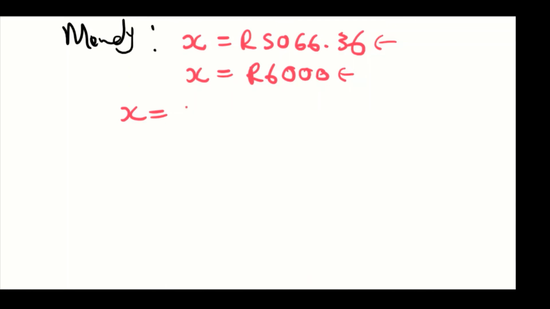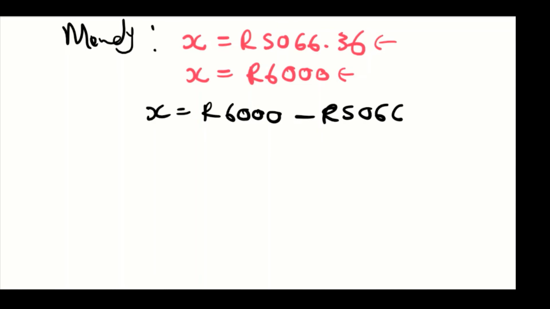So the difference between these two, okay, let me write this properly. So it's x equals 6,000 minus 5,066.36. So this is the amount that she has left, even though it's not an amount.